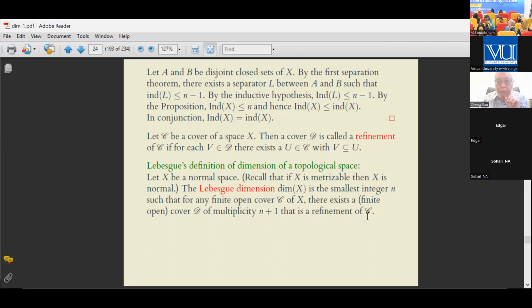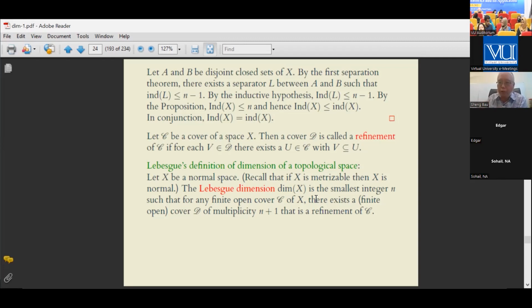Now, if you remember from your topology, in the definition of a compact set, if you take any open cover, then there must be a finite subcover. Then the set is called compact. Here, Lebesgue is taking, in the start, a finite open cover. We are not concerned about whether the space is compact or not. A finite open cover exists because X itself, the whole space, is open by definition.